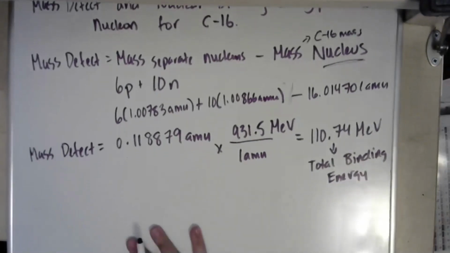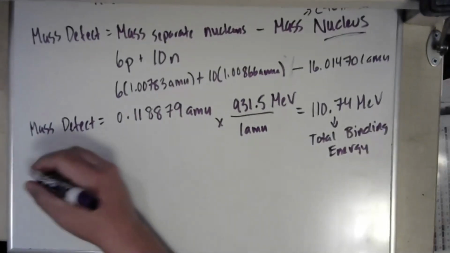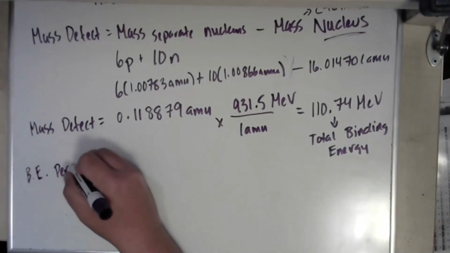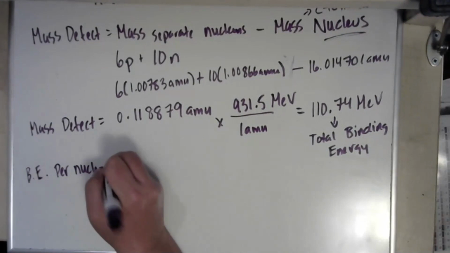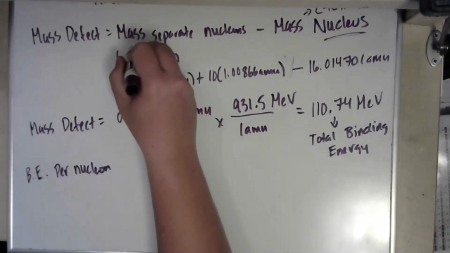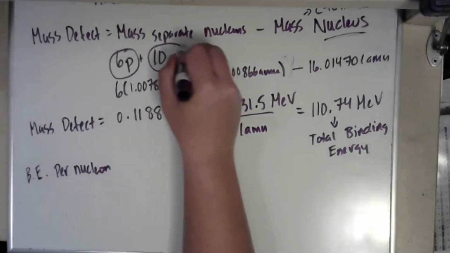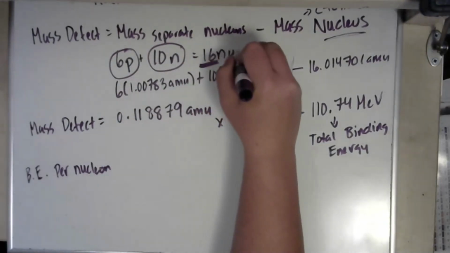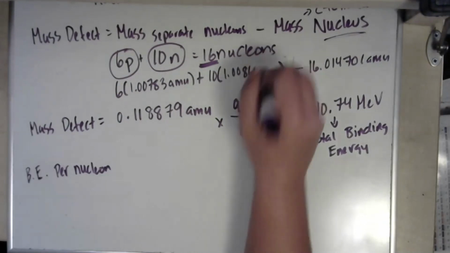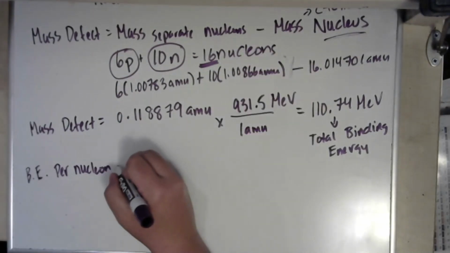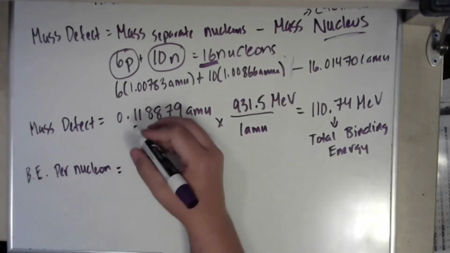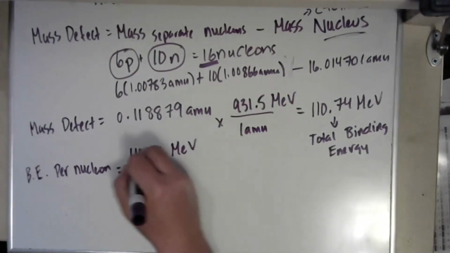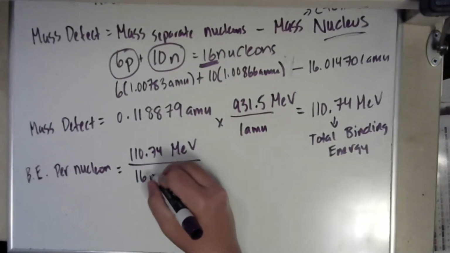But we want to find the binding energy per nucleon. There are 6 plus 10, so 16 nucleons that make up a carbon 16. So we're going to take that value, 110.74 MeV, and divide it by 16 nucleons.